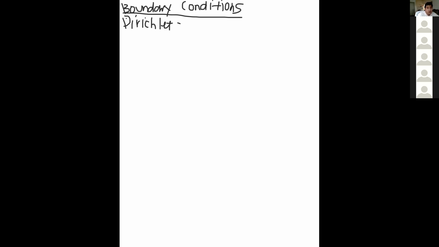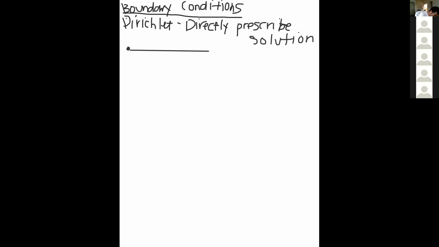Remember, Dirichlet boundary conditions are when we prescribe the value directly. So if we do an example here, let's draw a line. Let's say that on the left side right here, we have a prescribed value of phi naught.